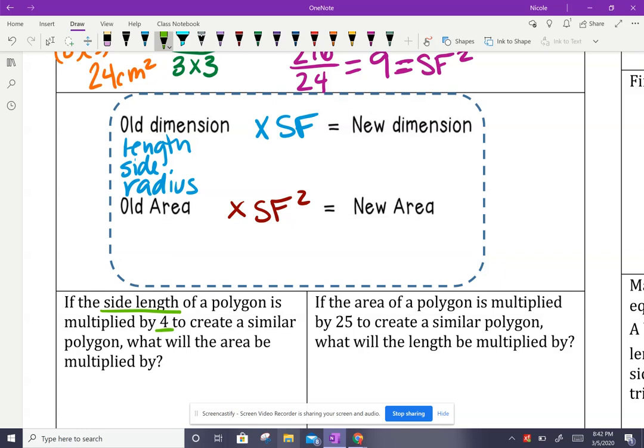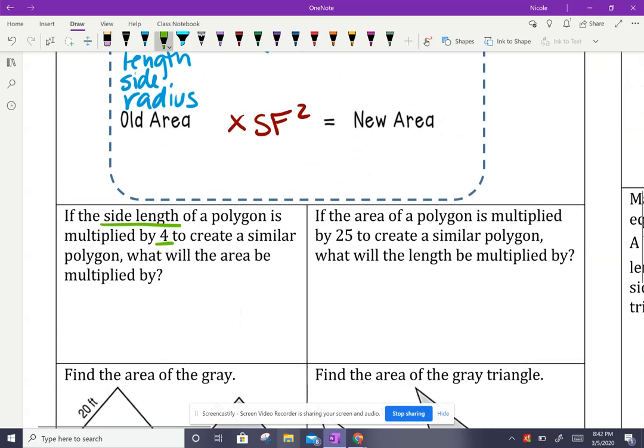So we took a side length and multiplied by 4. But if we take area, we're going to take that old area and multiply it by scale factor squared. So I'm actually going to take that 4 and square it. So we are multiplying by a factor of 16 for area, just for the area.